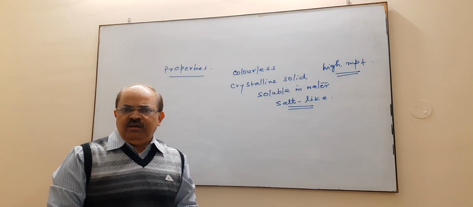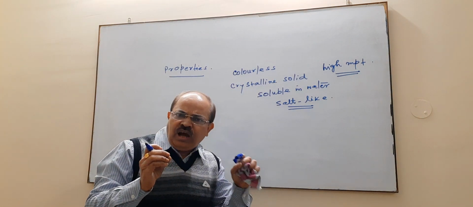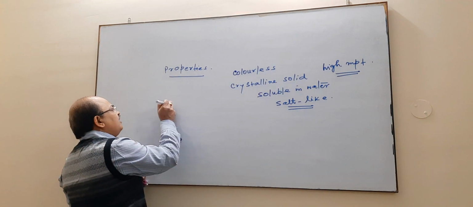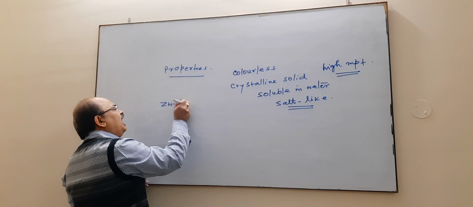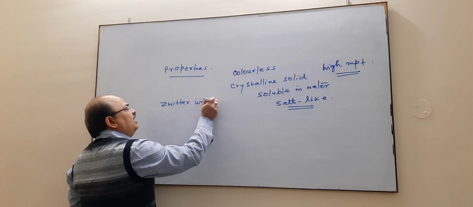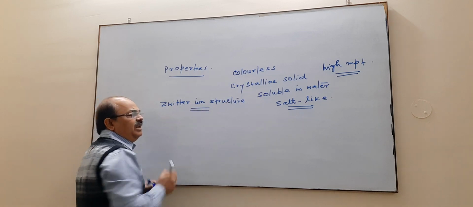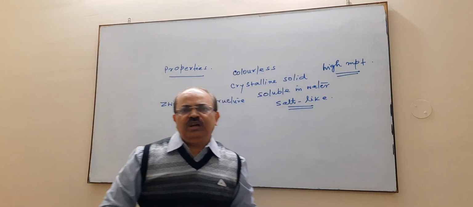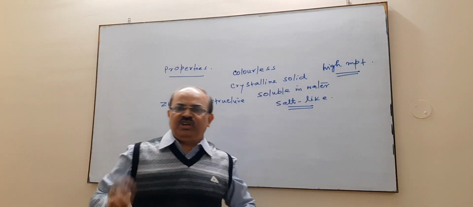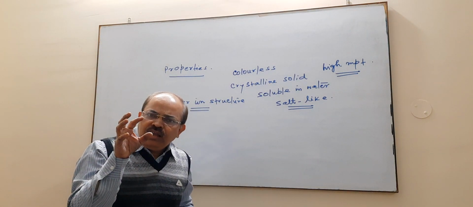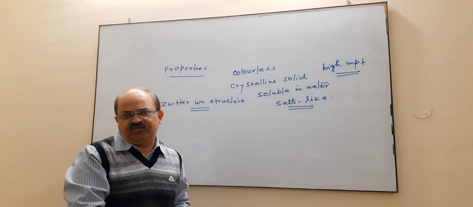Actually, this amino acid or alpha amino acid has a zwitterion structure. याद करिए आप zwitterion क्या होता है? You must have studied in organic chemistry in the chapter called amines.